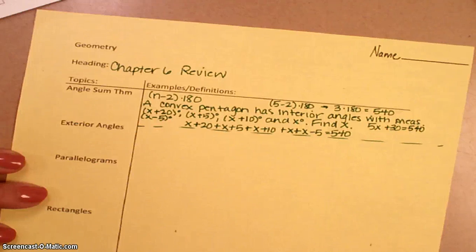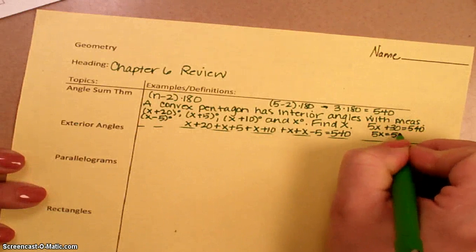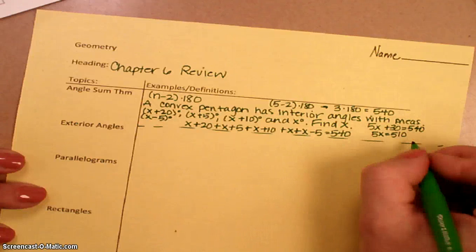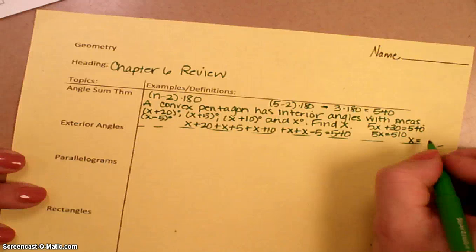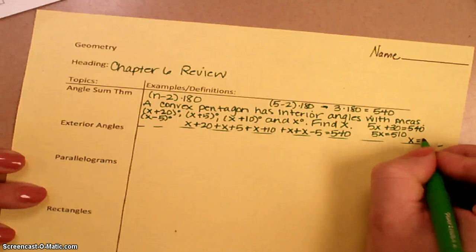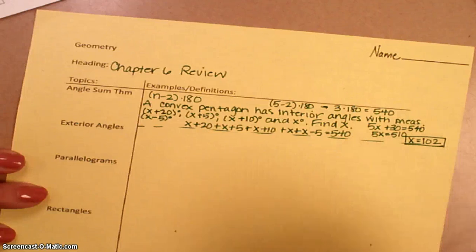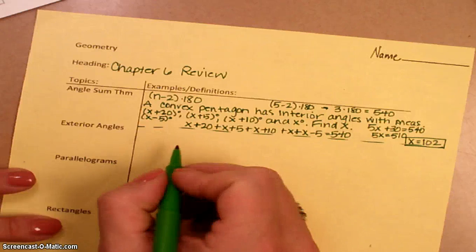All right, so if we subtract that 30 over, 5x equals 510. And then when we divide, x is 102. All right, so that's using the angle sum theorem.